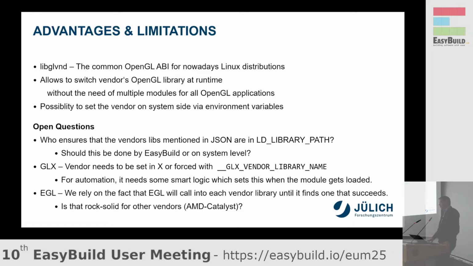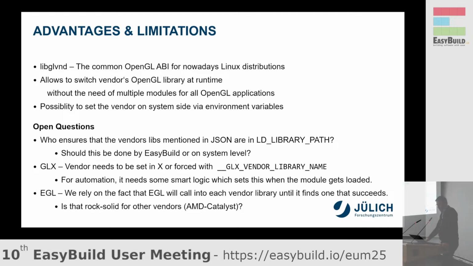That might not always be the right choice when it comes to modules. One can override that with environment variables, but then the question is, if one wants to do it automatically, whether it needs extra logic to see: I'm on this node, I have these resources, so I override from Mesa to NVIDIA.